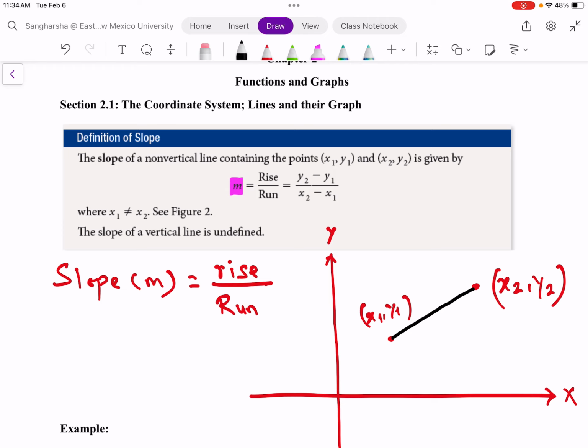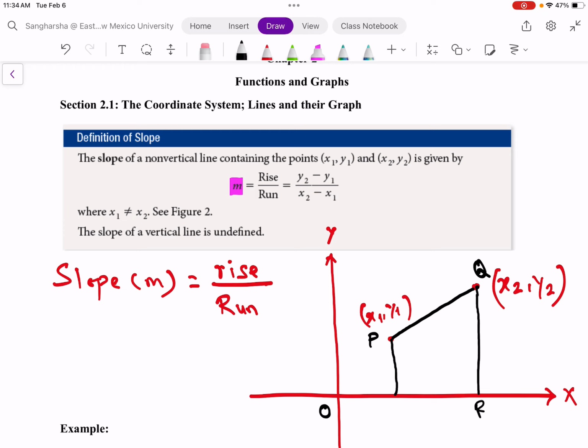Let me call the first point P and the second point Q. Let me draw a vertical line from point Q to the x-axis. We have the origin here. Next we draw a horizontal line from P to the line QR.